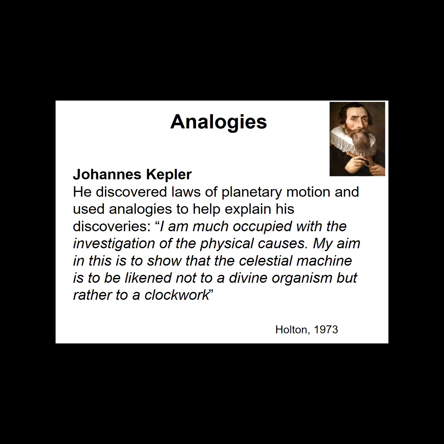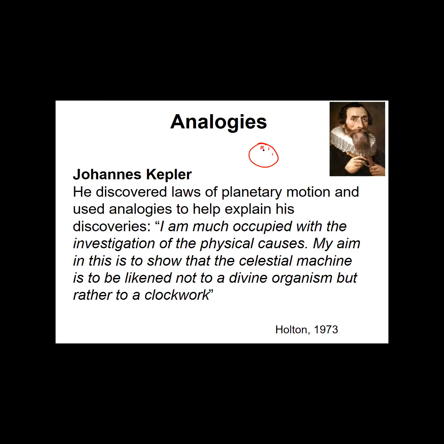So the way he wrote is, "I'm much occupied with the investigation of the physical causes. My aim in this is to show that the celestial machine is to be likened not to a divine organism, but rather to a clockwork." Okay? So when you look at the clockwork, usually you have what? The numbers here, right?